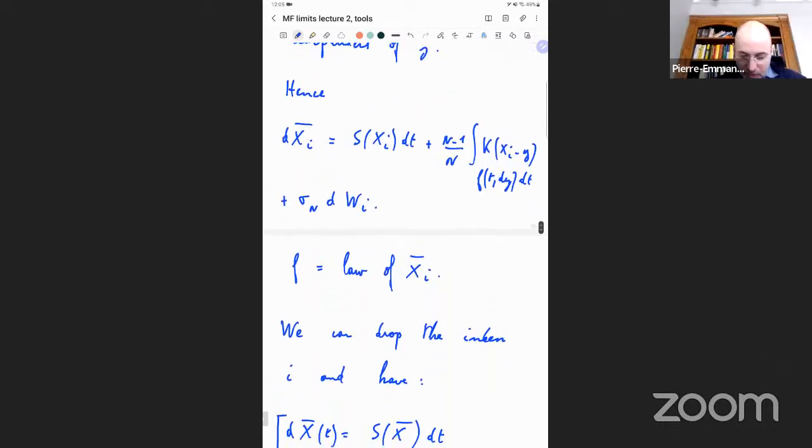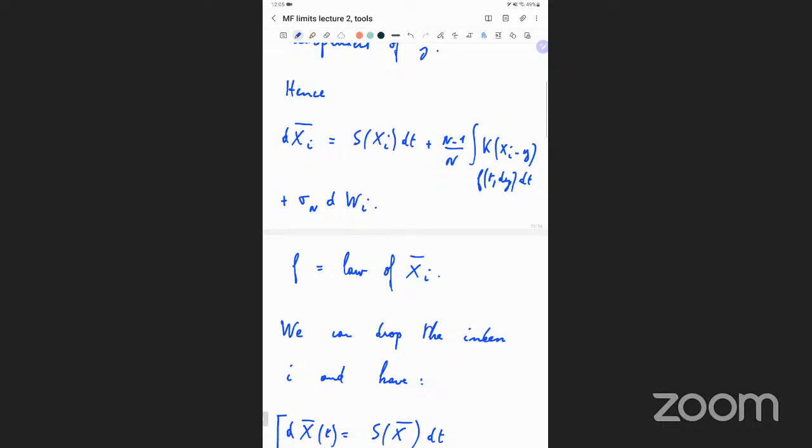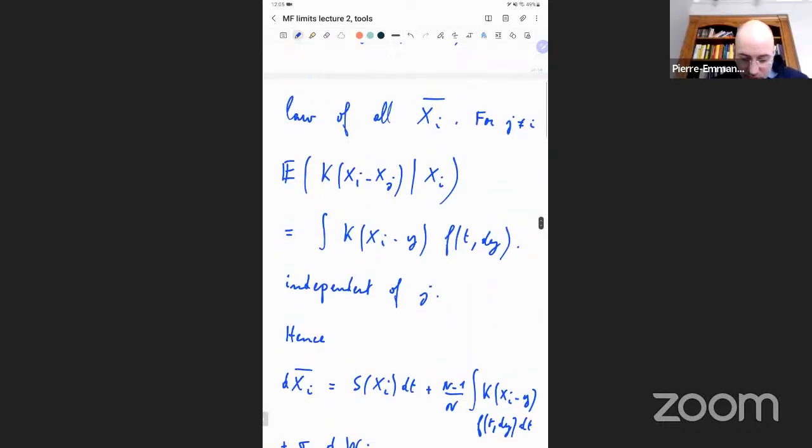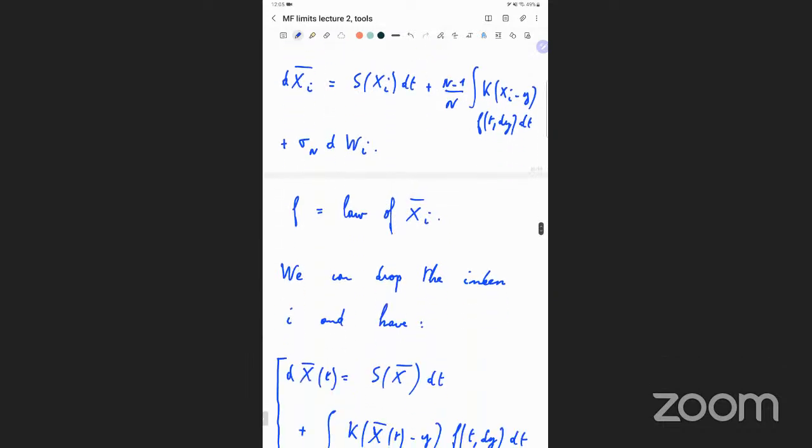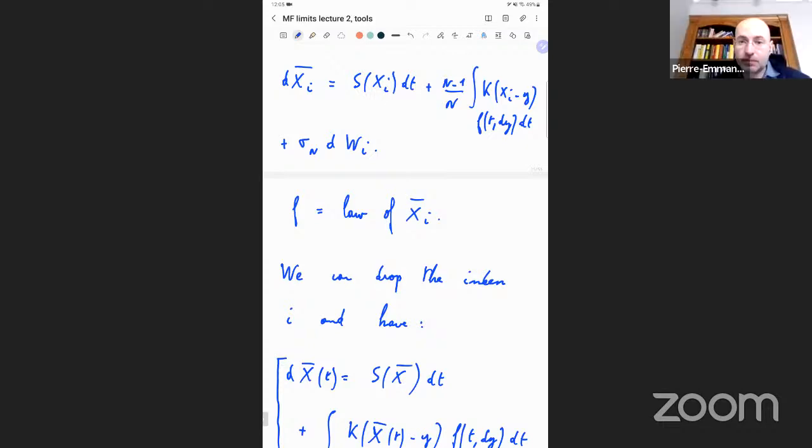Yes, because you get to here first, and you get to here by noticing that all those conditional expectations are identical. They are the same. Yeah, sure. And what about the initial position? We still have different start points. Yes, but now you have n copies of the same process.